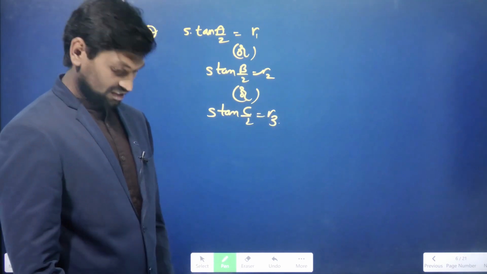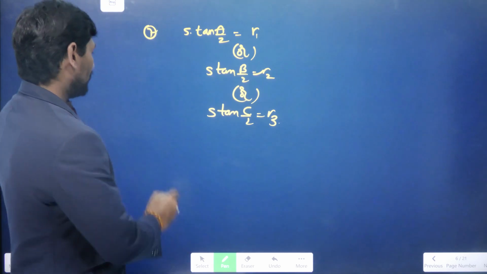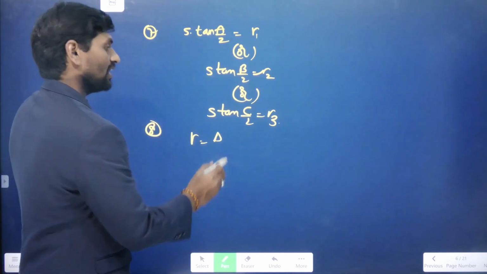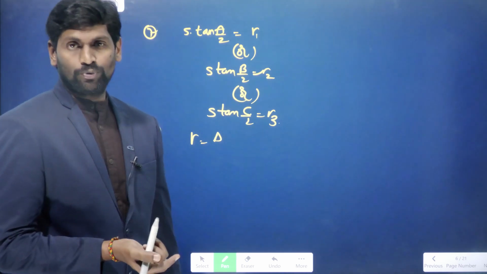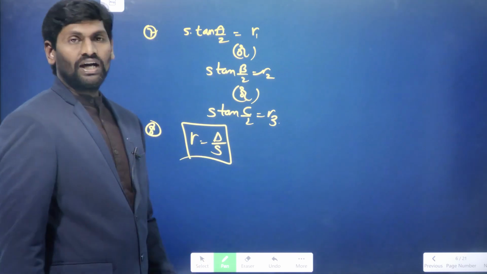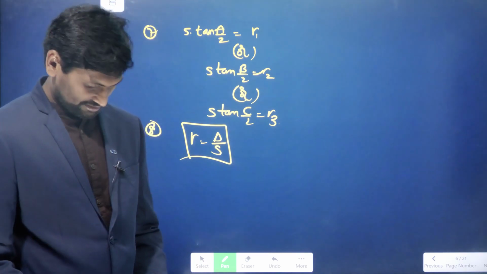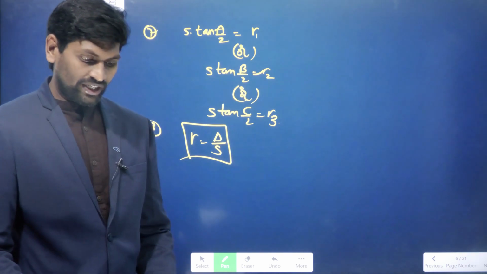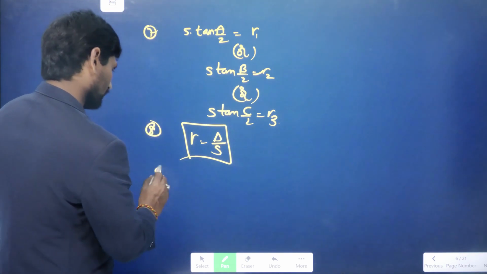Direct formulas. Okay? Let us go to the 8th problem. That is r equals a direct formula. Delta is equal to r into s, as I proved, and r is equal to delta by s. And in the last question, delta equals 8 and s equals 4.